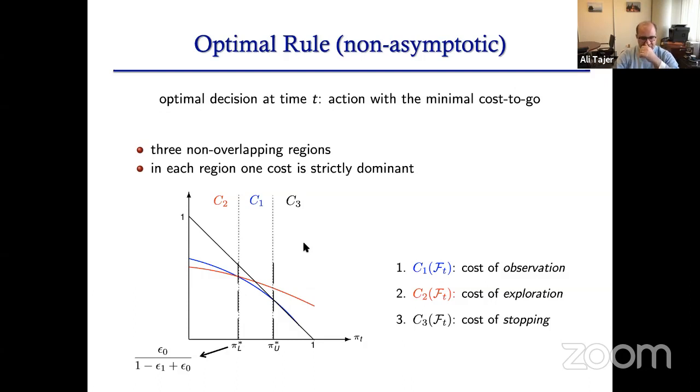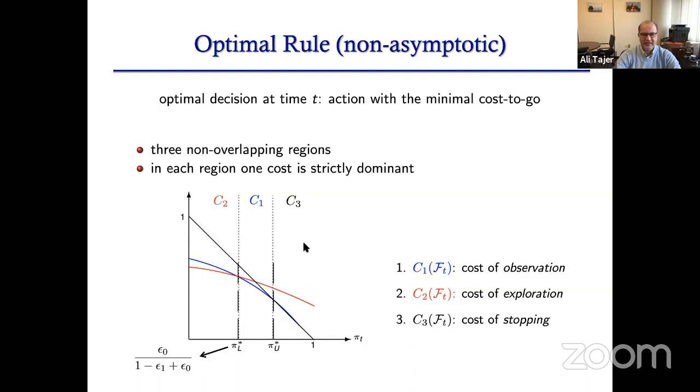In the first region, the leftmost region, for the range of pi_t between 0 to pi_l, we'll see that function C2 is strictly smaller than the other two functions. That means that instead of computing functions C2 and C1 and C3 completely, all we need to do is to compute this parameter pi_t and check whether it is within the range 0 to pi_l star.